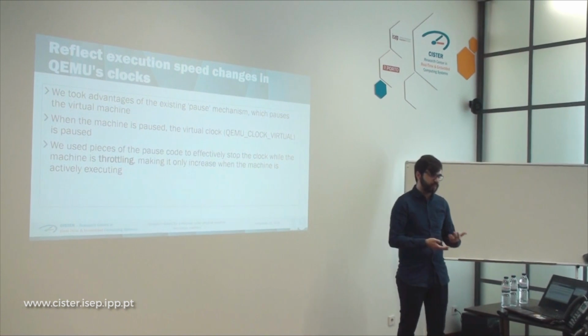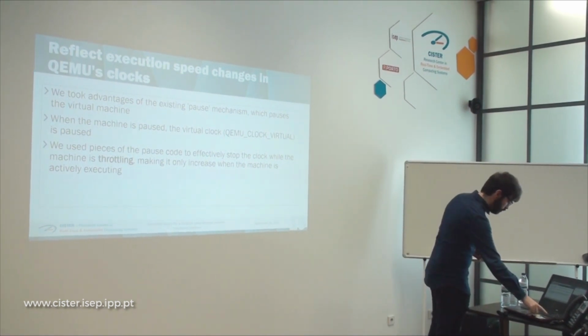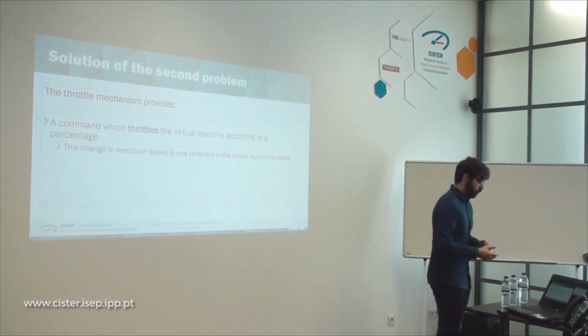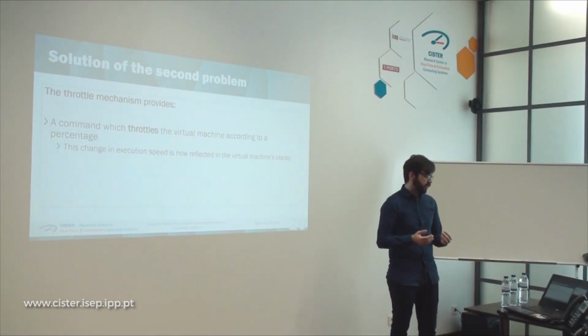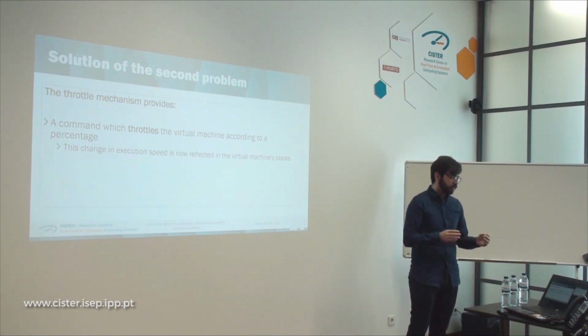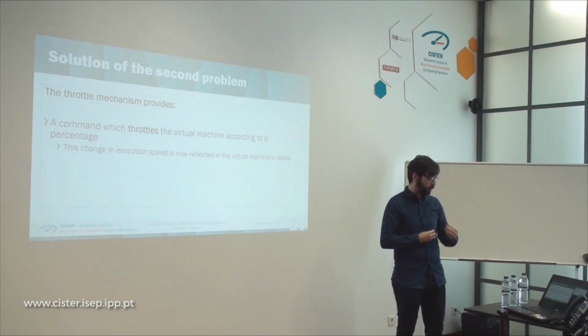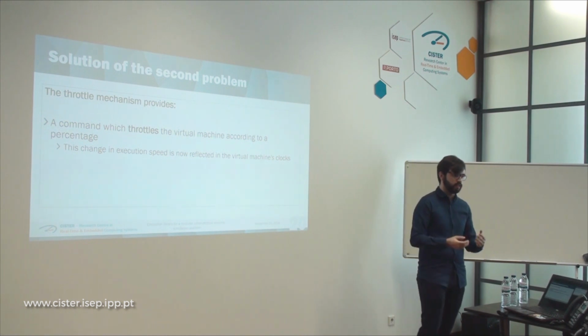It's expected, and it doesn't pose any problems. Okay, so the throttle mechanism we implemented provides a command. Like we can type a command and the percentage that reduces the execution speed of the machine, and more importantly, this change in the execution speed is now reflected in the machine's clocks.